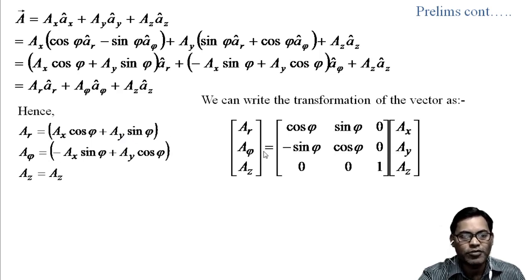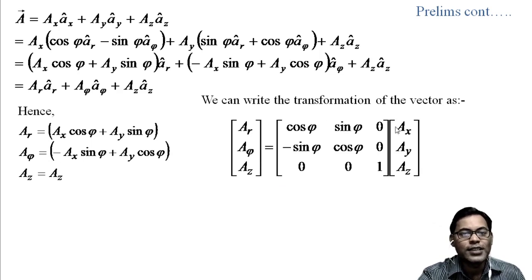Fi equals minus sin phi Ax plus cos phi Ay, and 0 into Az is 0, so this term is valid. Az equals 0 into Ax plus 0 into Ay plus Az, so Az equals Az here.